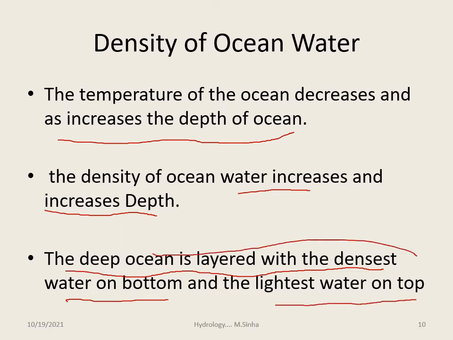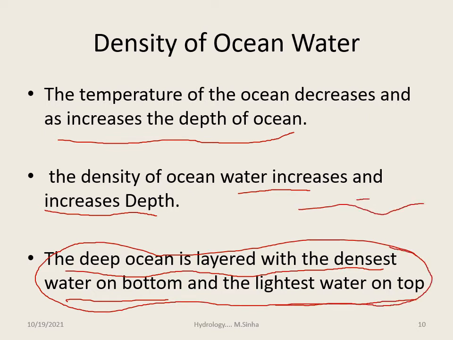This is a very important phenomenon about the ocean surface. Lighter water is in the topmost part and heavier water in the bottommost part. In each and every saline water body, the bottommost part is the densest and the topmost part is the lightest.